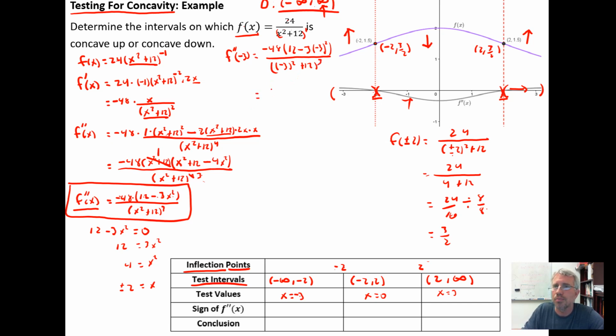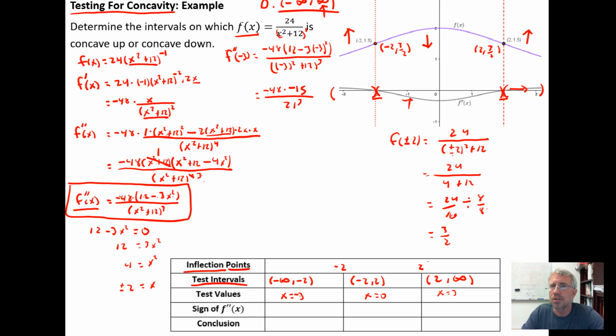And then we start to simplify. So we have negative 48 times, negative 3 squared is 9, times 3 is 27, and 12 minus 27 is negative 15, over negative 3 squared is 9 plus 12 is 21, so 21 cubed.